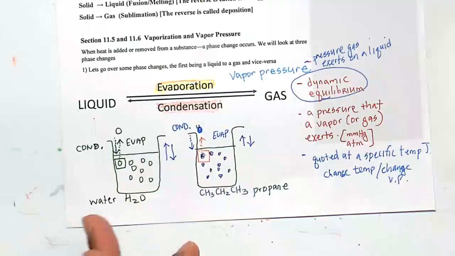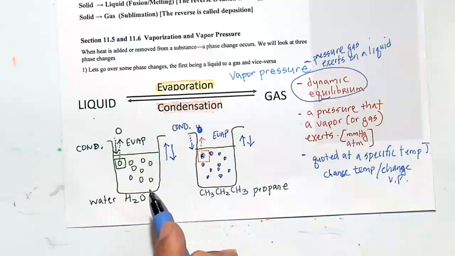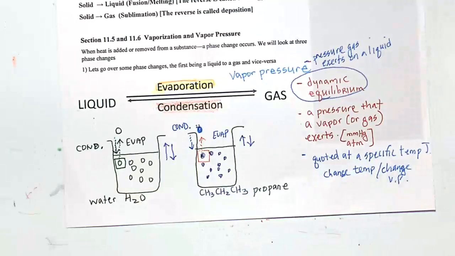With that being said, which do you think has the higher vapor pressure? Zendaya, let me pick on you for a minute. If you were to guess, which one would have the higher vapor pressure? That is correct. This would have the higher vapor pressure. Very good. Why is that?